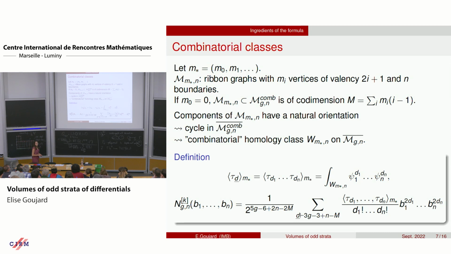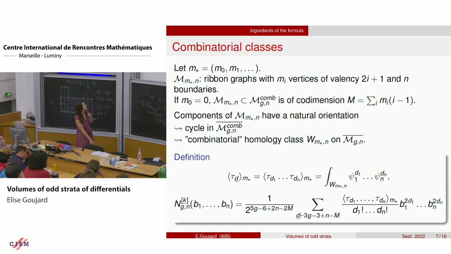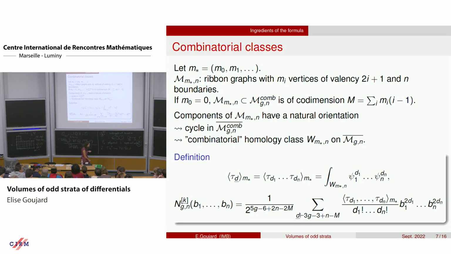Now I will come to the definition of these polynomials. Let me just define the coefficients of these polynomials. I can consider a sequence of non-negative integers m_i, and look at the set of ribbon graphs that have exactly m_i vertices of valency 2i+1 and n boundaries.